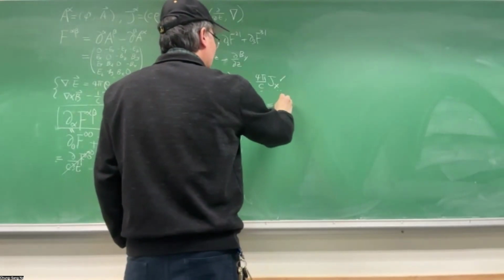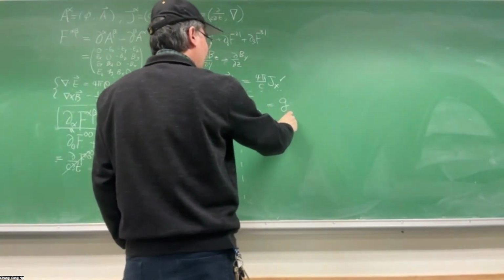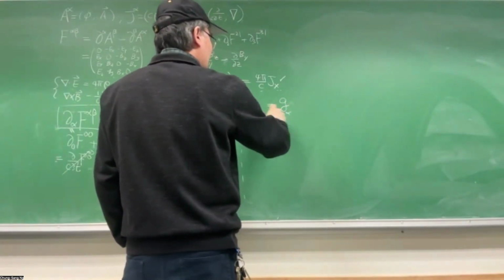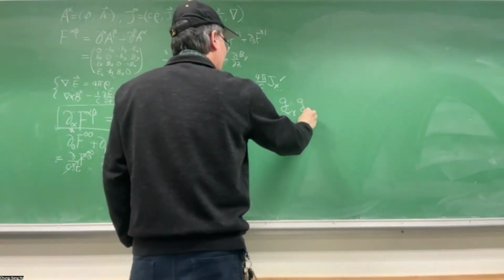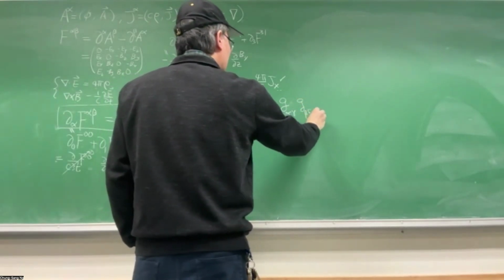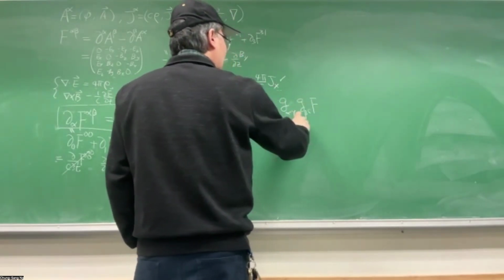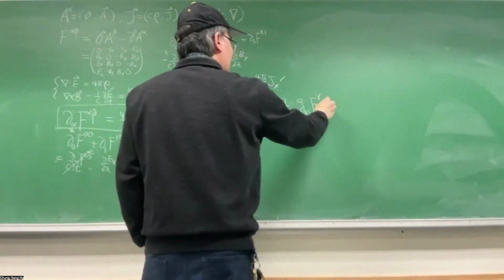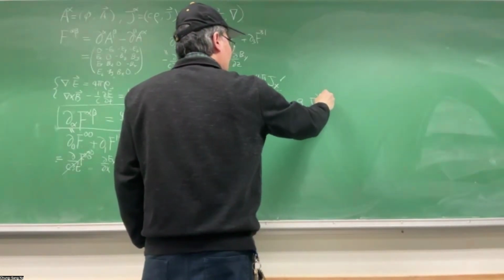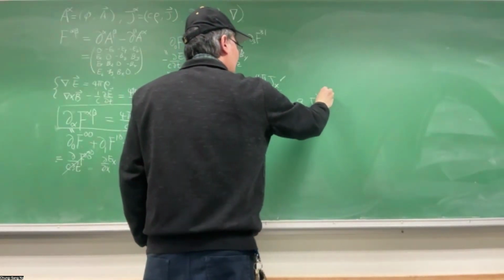So you have the covariant metric g_alpha gamma, g_beta delta, and contract the gamma and delta with the field tensor F superscript gamma delta.